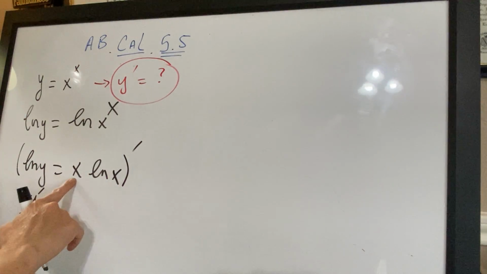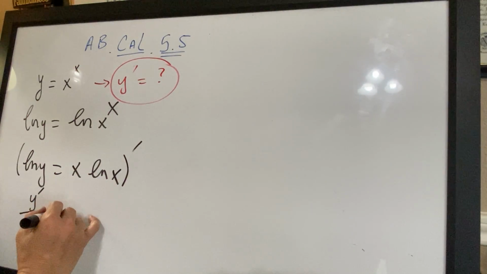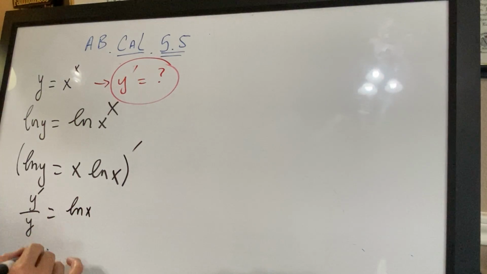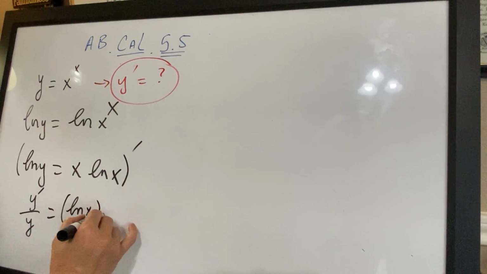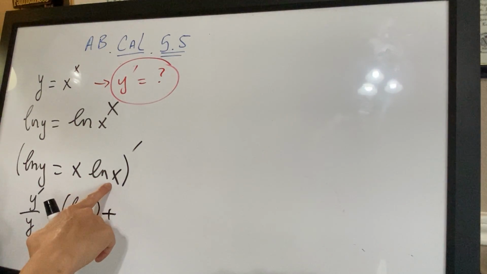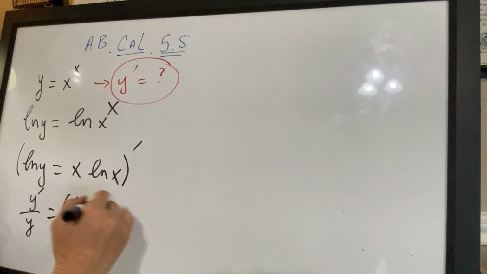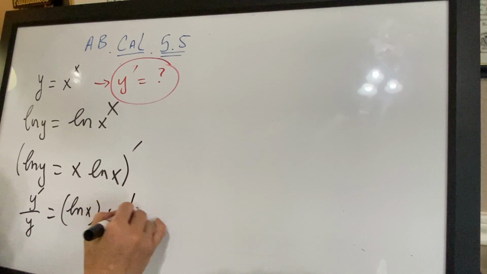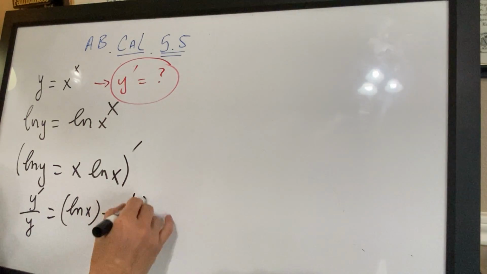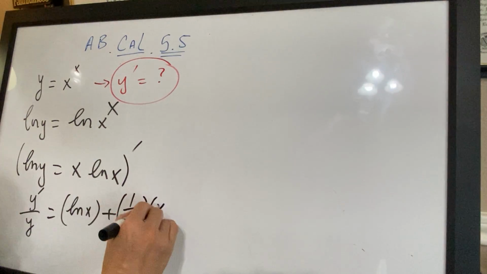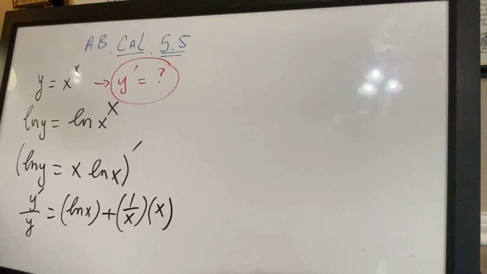The derivative of x is 1 times ln x, plus the derivative of ln x times x. The derivative of ln x is x prime over x, which is 1 over x, times x itself.